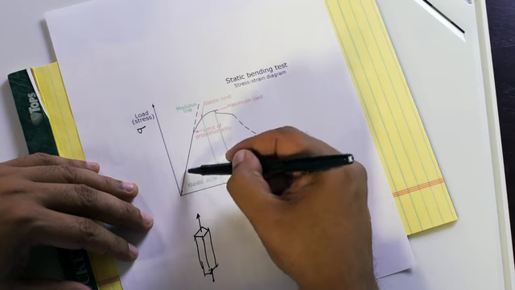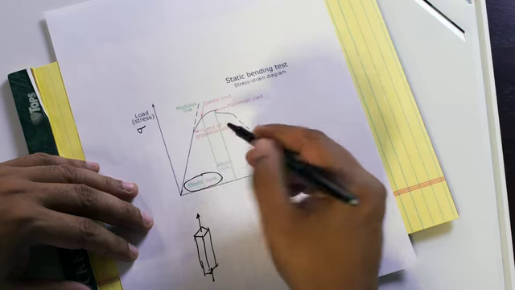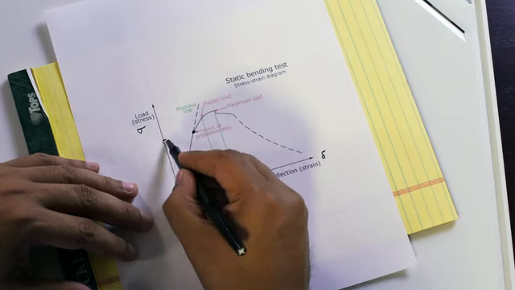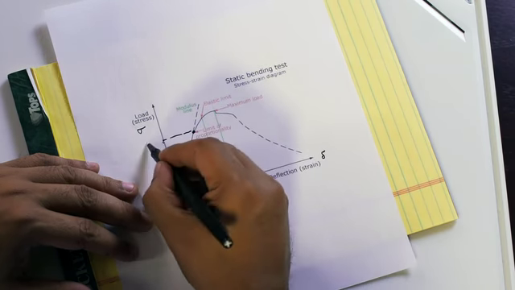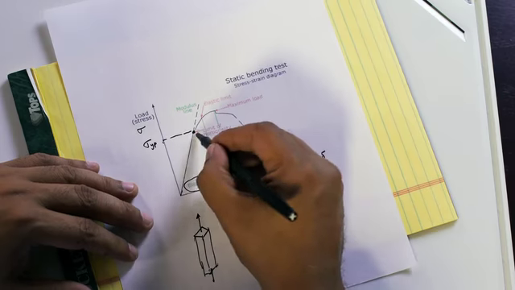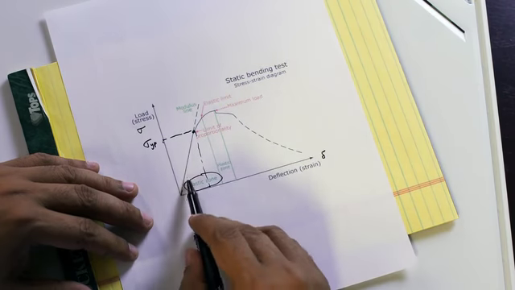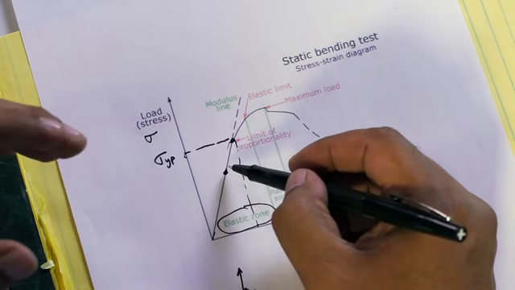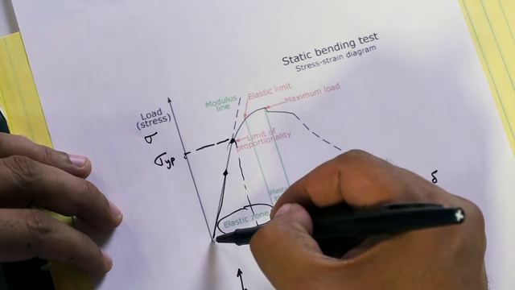The first portion of the zone is called the elastic zone. And this is where everything changes. Because at this point, which is the yield point, anything that I do before the yield point is recoverable. It means that if I stress it up to this point over here and I release the load, the member will go back to its original position.